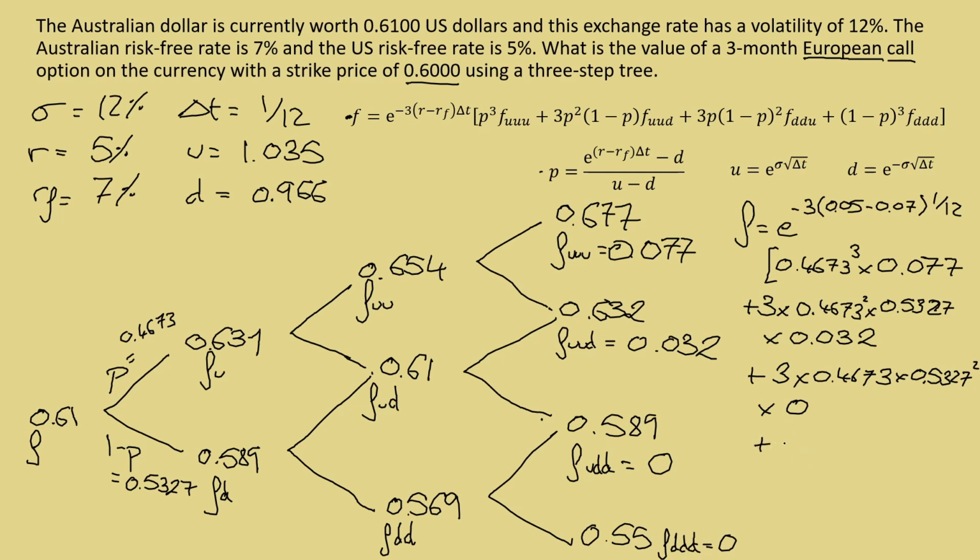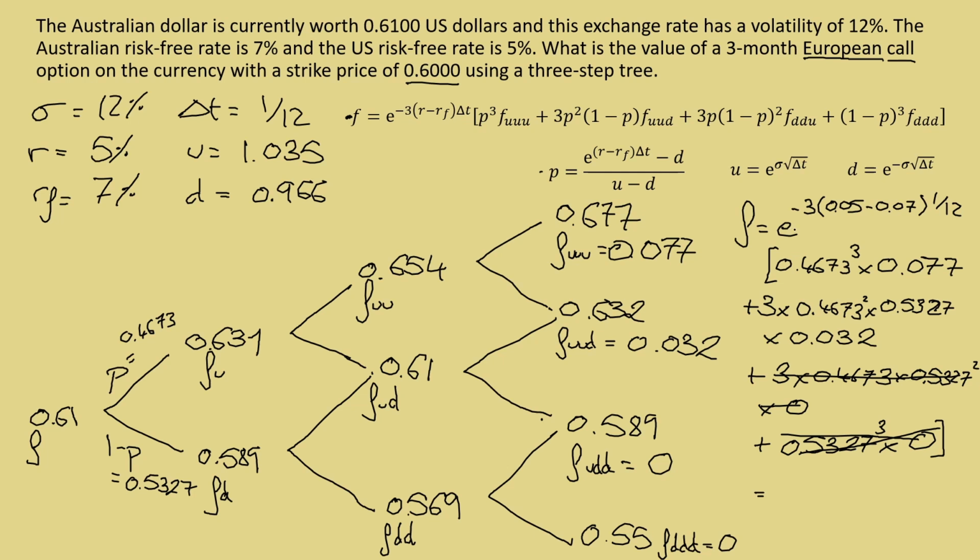And then finally we have 1 minus P cubed, so 0.5327 cubed times FDDD, which is 0. And we close the brackets. Okay, so remember, anything times 0 is 0, so we can get rid of this one, and we can also get rid of this one. And we're left with the first two, okay? So let's solve these.